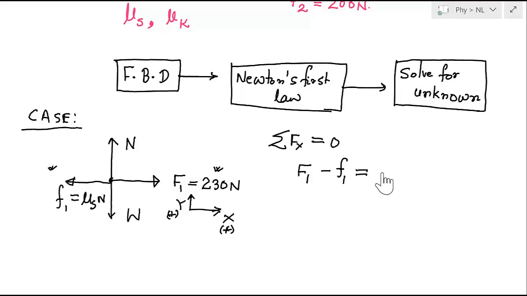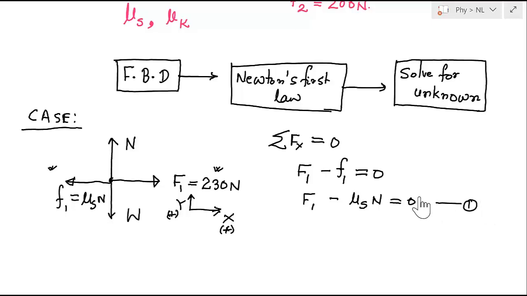So F1 minus f1 equals 0. The friction force we can write as mu s times N, so F1 minus mu s N equals 0. This is my equation 1.